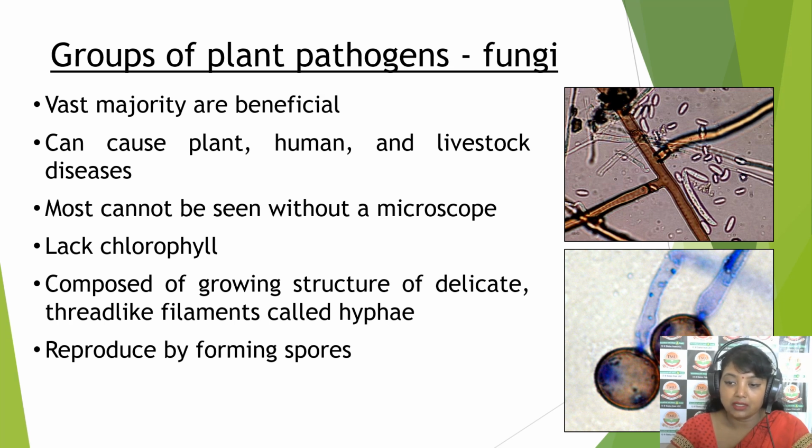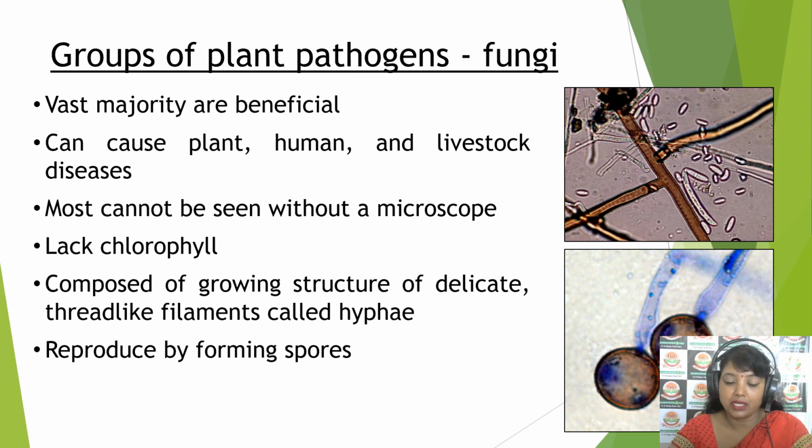Earlier it was coming under the plant kingdom, but now it has been given a separate kingdom. Now we have to study plant, animal, and the other group is fungus, or we can call it fungi. Fungi is given a separate kingdom just because they are very vast and very diverse, and a very large amount of fungus we can see.